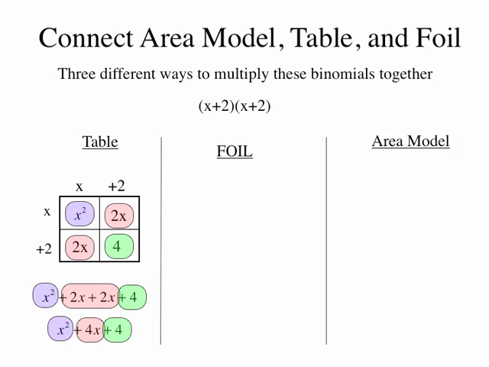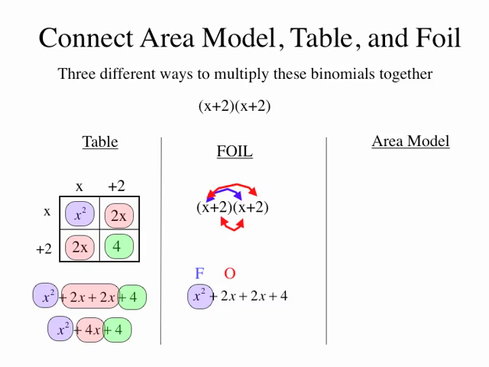Now let's do the same problem using FOIL. When we multiply the first terms together, x times x, that gives us the F in FOIL, which is the x squared term. Notice where you see that same term in the table at the left. When we multiply the outer terms together, x times 2, that gives us the O in FOIL.